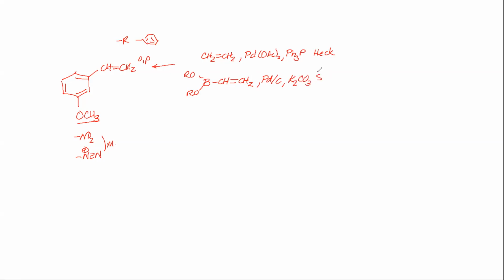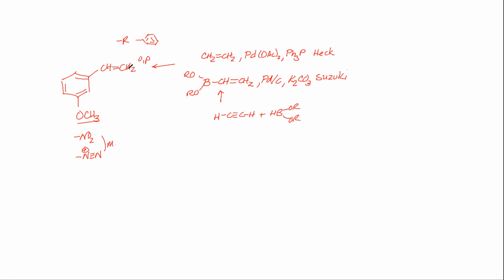So that would be Suzuki coupling. The only question would be, how would you make that borate? That borate would come about from taking the triple bond and adding to it the borate ester. So you could add that group by Suzuki coupling.